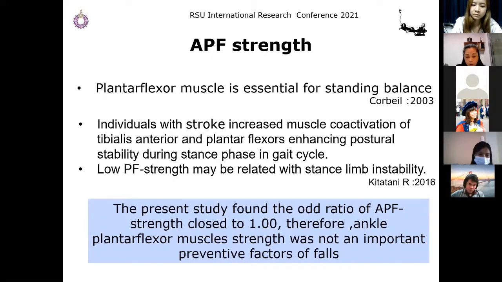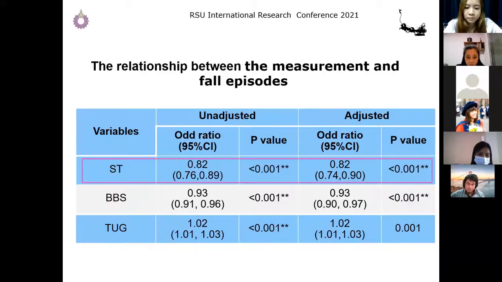Moreover, it is required for gait stability. The study found that the odds ratio of ankle plantar flexor was close to 1 point. Therefore, it may not be an important risk factor. Usually, ankle plantar flexor muscle works together with dorsiflexor. The present study suggests further study about the relationship with ankle dorsiflexor.